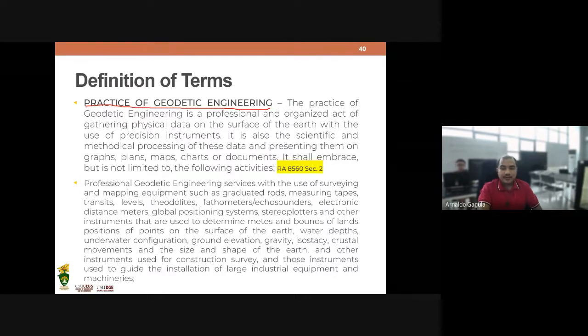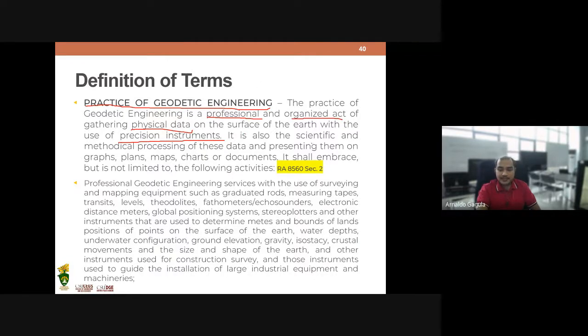The practice of geodetic engineering is a professional and organized act of gathering physical data, the distances, measurements, and angles that we get on the surface of the earth, with the use of precision instruments like total stations, GNSS receivers, and many more.